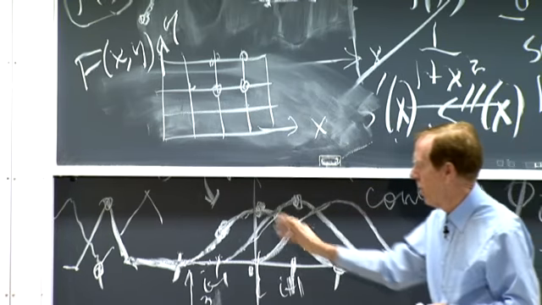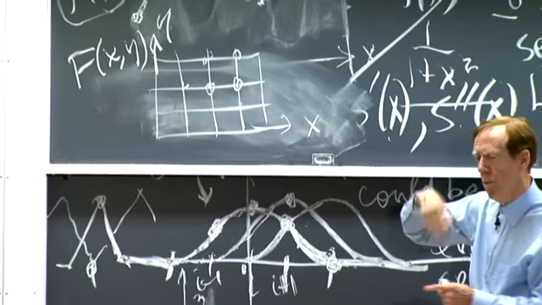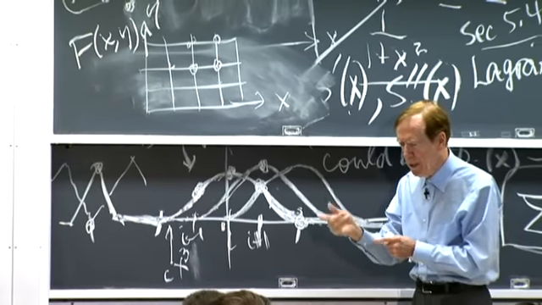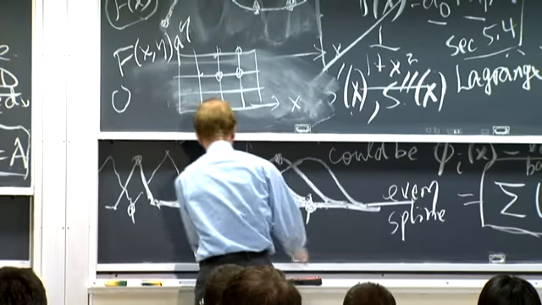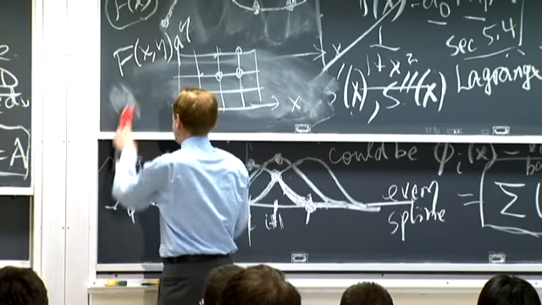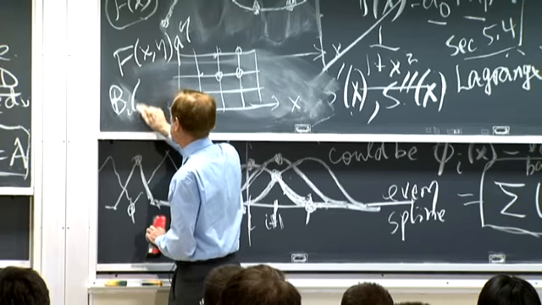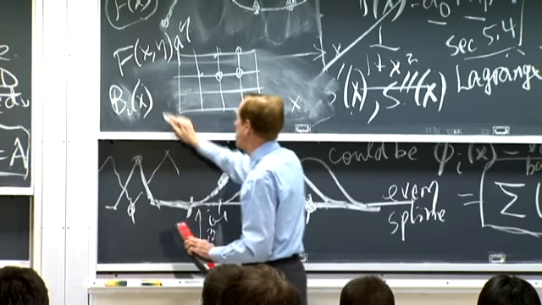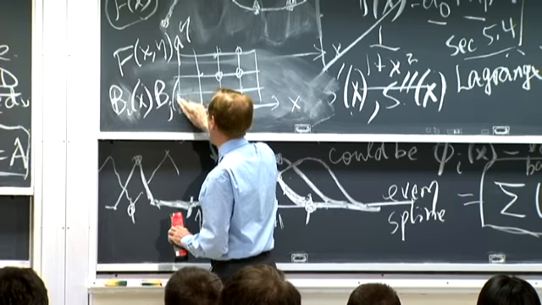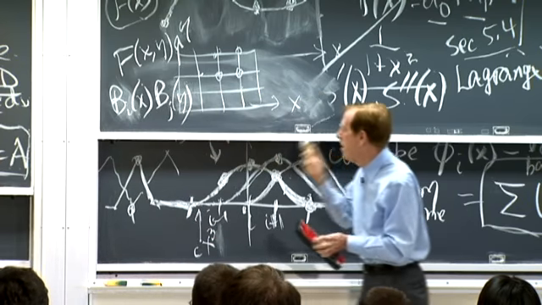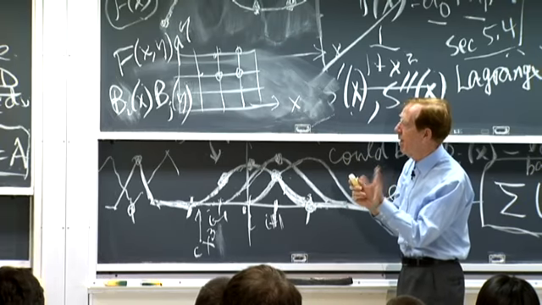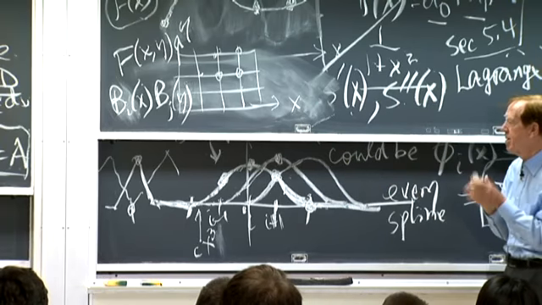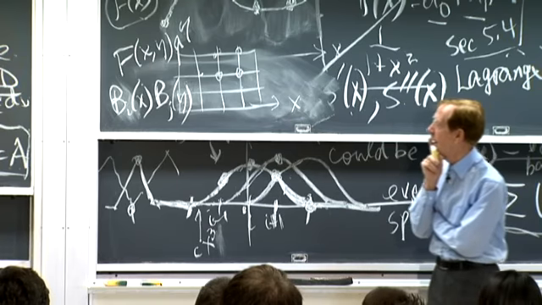I could use products of splines in 1D, splines in the x direction times splines in the y direction, and it would be pretty successful. Not quite as nice, but almost okay.